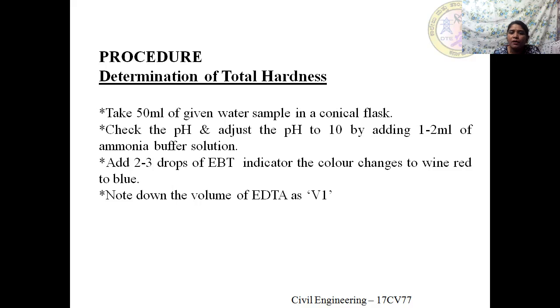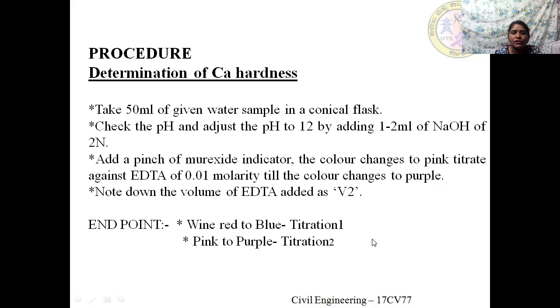So in the first part of the titration, we determine total hardness, which is the sum of calcium hardness and magnesium hardness. Moving on to the next part of the titration, that is determination of calcium hardness, we take the same water sample. We measure 50 ml of the sample and place it in a conical flask.